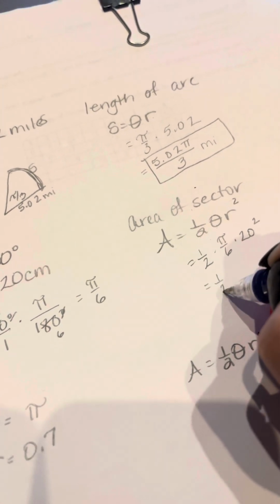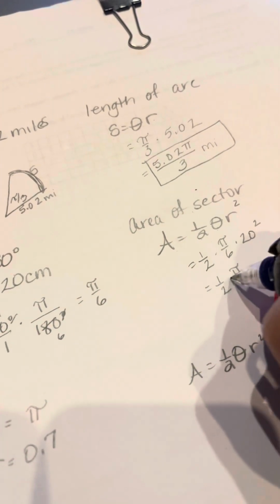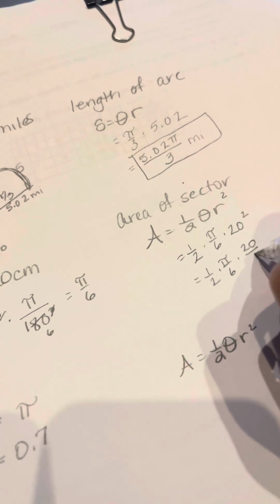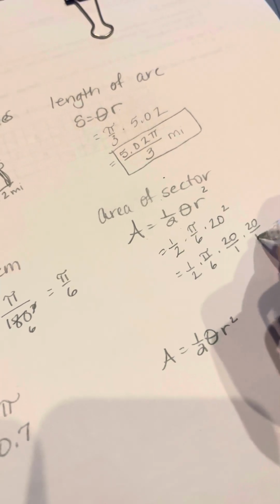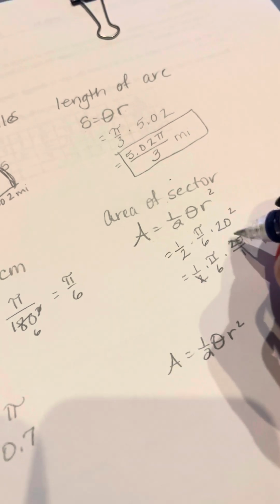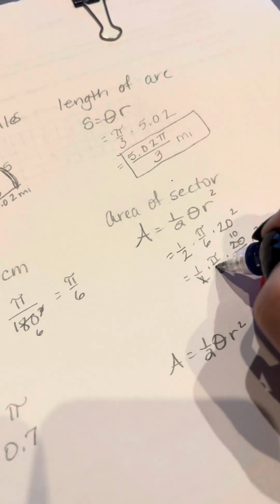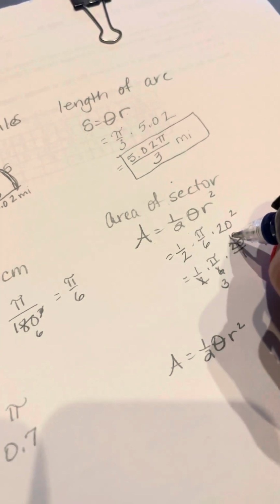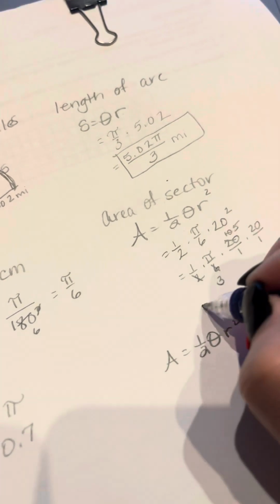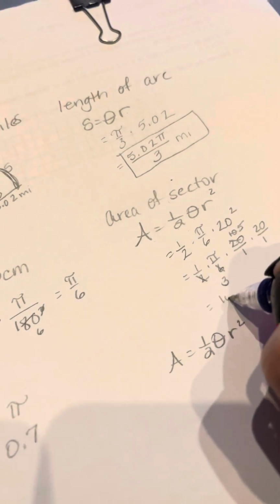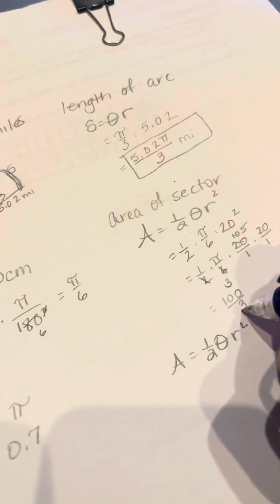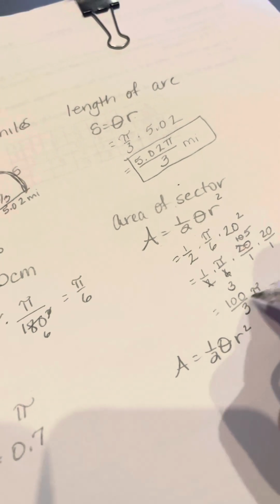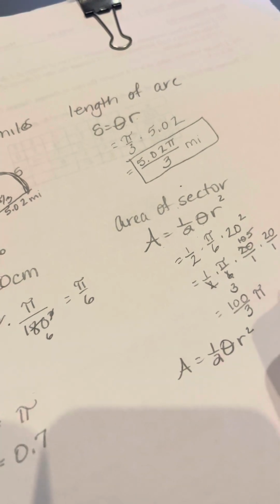So again, I don't have a calculator, so I'm going to simplify this down as much as possible. They probably just put it in a calculator and gave you a decimal answer. So this goes in there, 10, and then 6 is 3, and 5. So we have 5 times 20 over 3 times 1, and then pi. So you're going to multiply that all out.